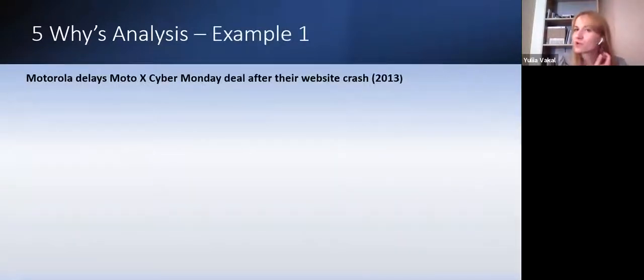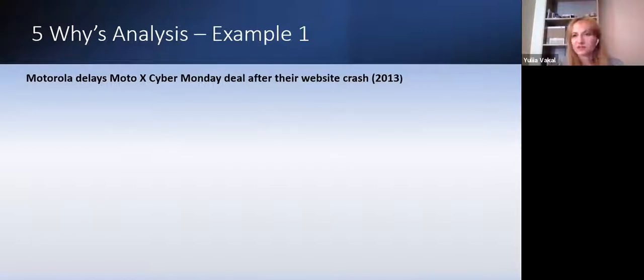So let's do an example. This example is actually taken from the Motorola website. In 2013, they introduced a new mobile phone, and they decided to sell it on Cyber Monday with a huge discount.